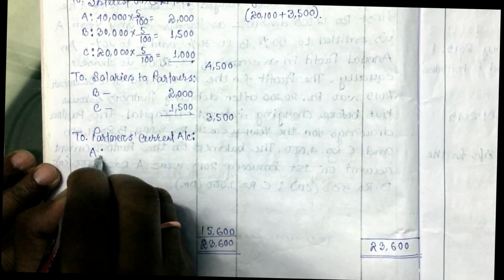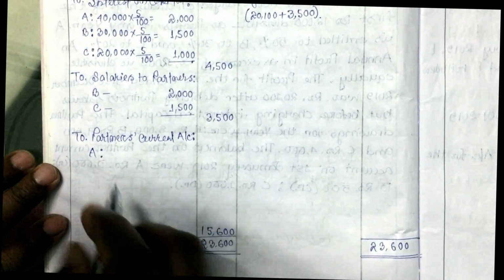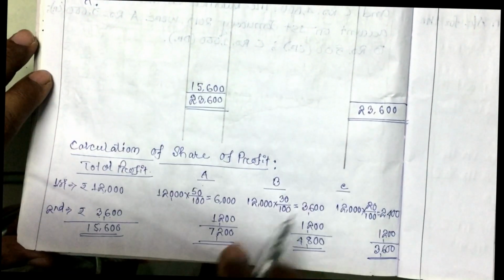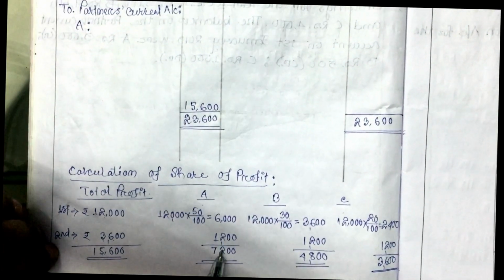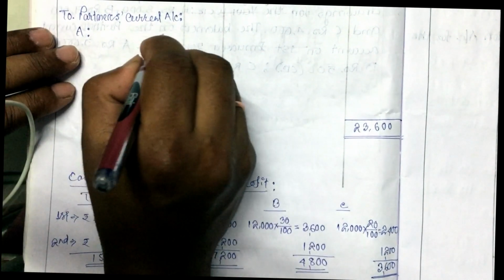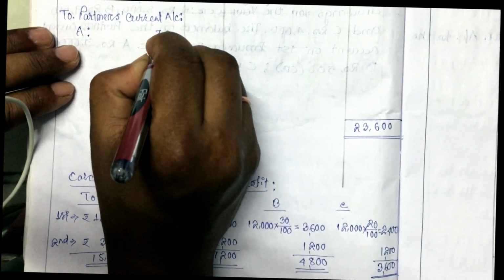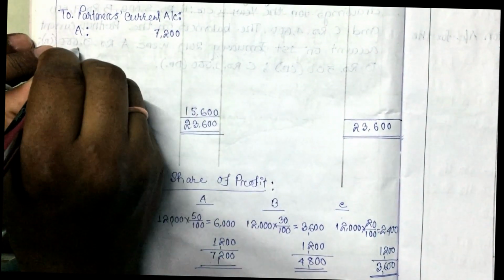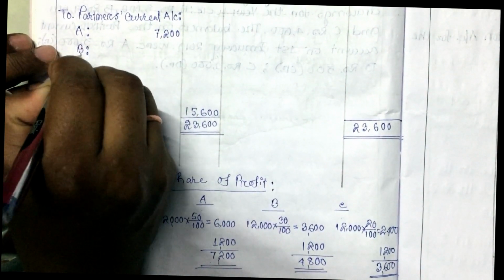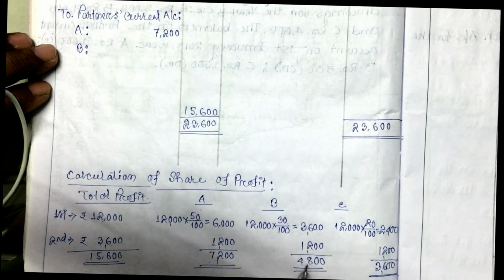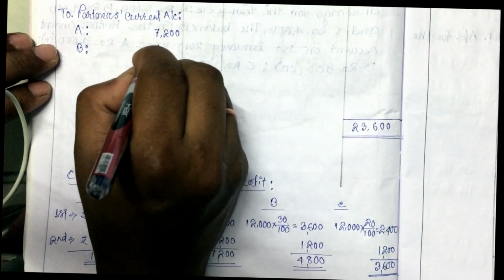Now you don't need to show the calculation again. A will get how much? See, A is getting rupees 7,200. So write it down as 7,200 rupees. B is getting how much? 4,800 rupees.